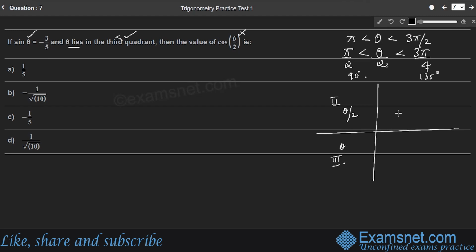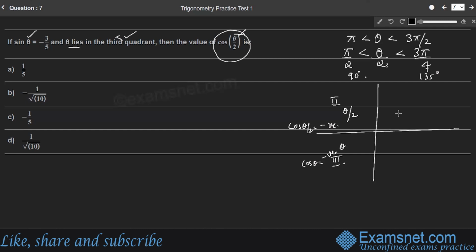So what about cos theta by 2? So in second and third quadrant, value of cos theta is always negative, right? Cos theta is negative in second and third quadrant.